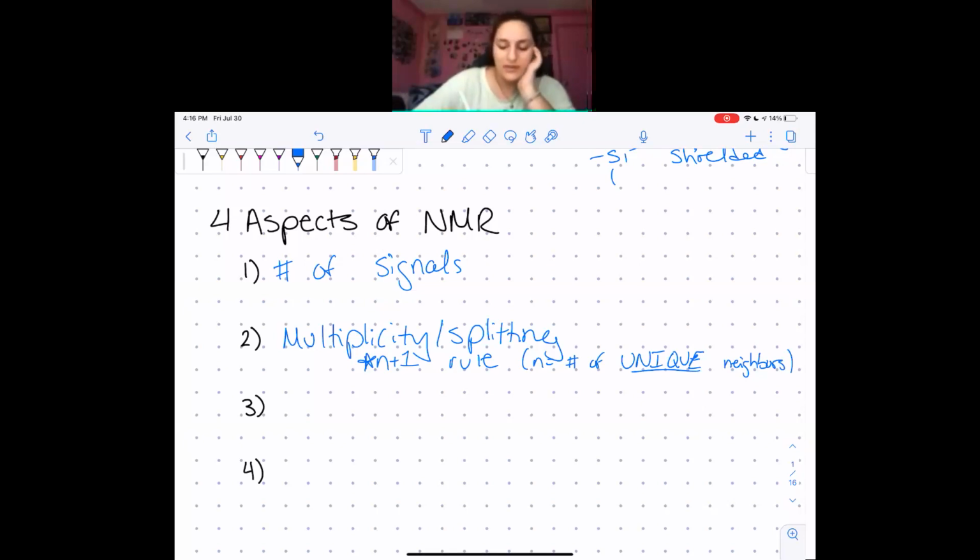And we also know the heteroatom rule, which states that you cannot split through a heteroatom. And the other one that's not really a rule, but it's like the defining characteristic of multiplicity: to be a neighbor, it has to be within 3 bond lengths.